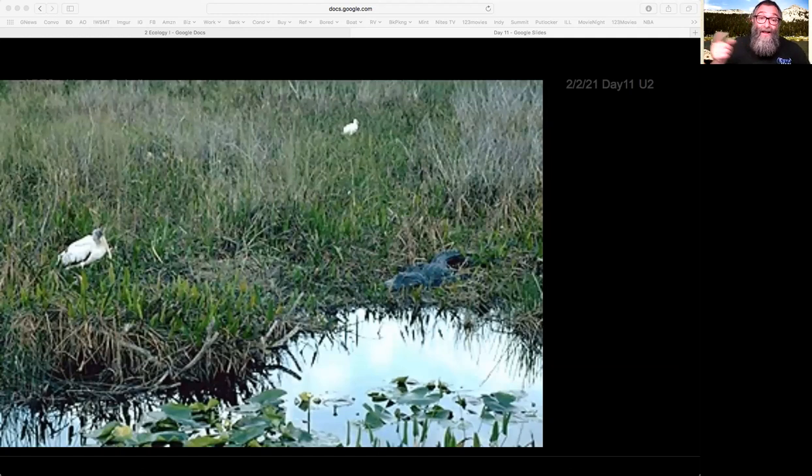The alligator has to roll around to break all of its arms, and then the alligator will drown it. After they drown it, they stuff the carcass in these underwater caves called gator holes.